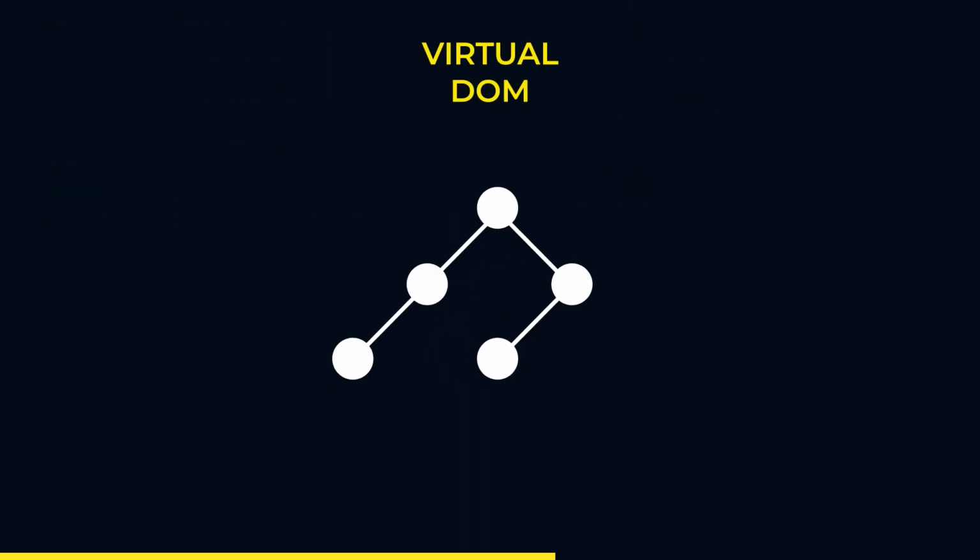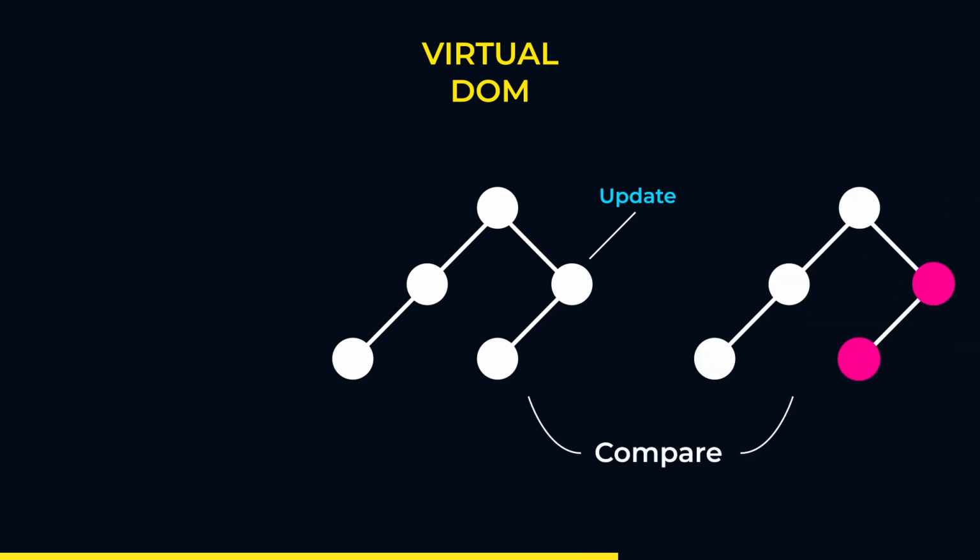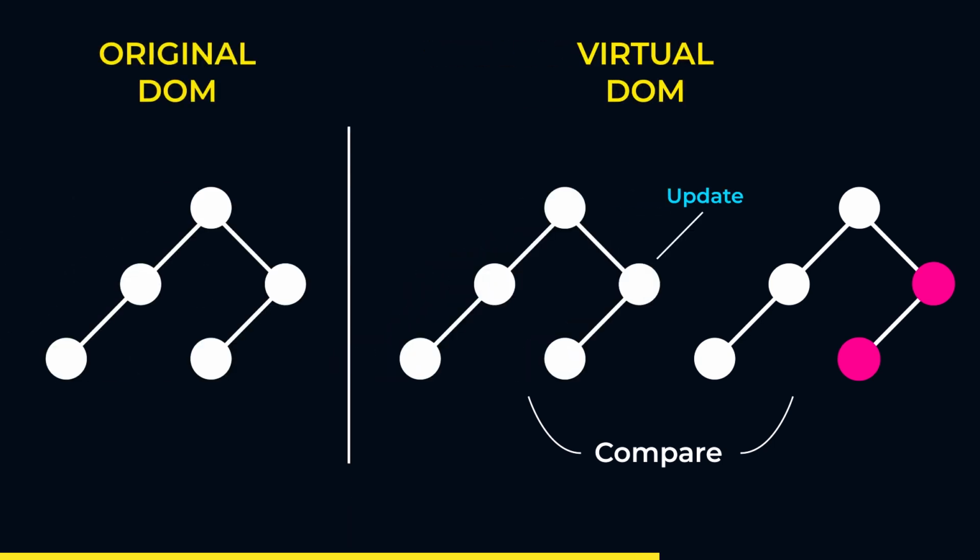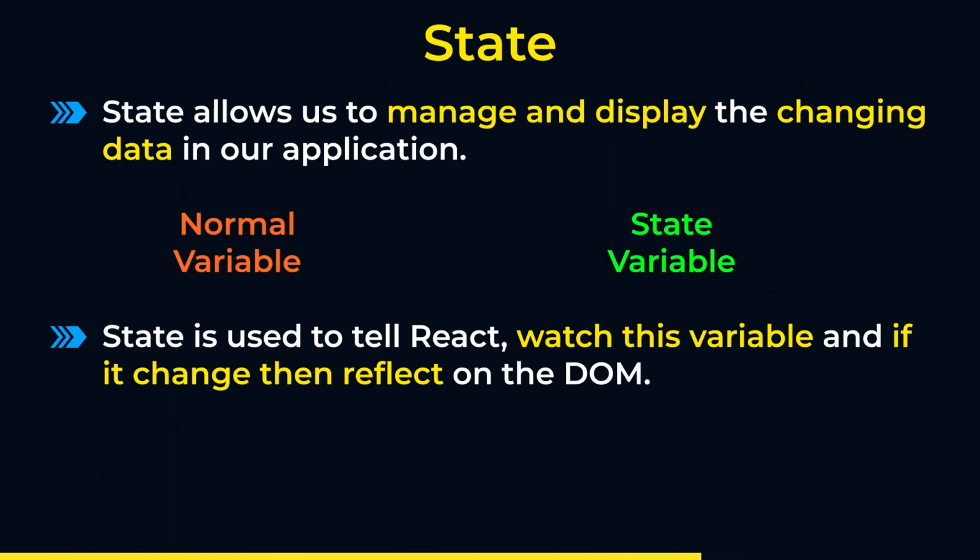As we know, React has a virtual DOM. So when we change the state of one component, React gets this new component, compares it with the old component, and then only reflects those changes on the real DOM. Simple as that. So state is a very important concept of React, and many beginner developers struggle with this concept.